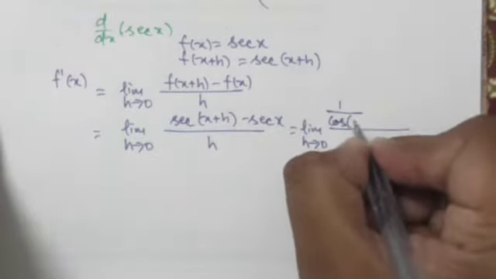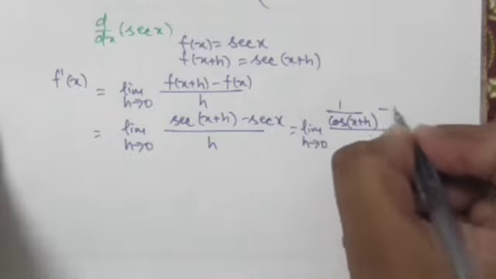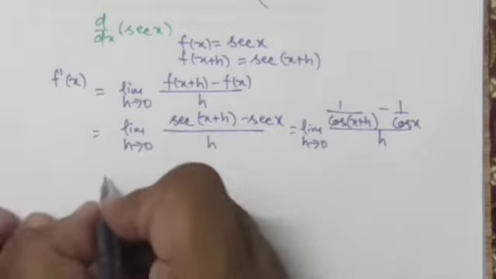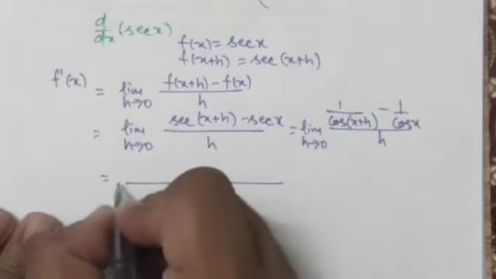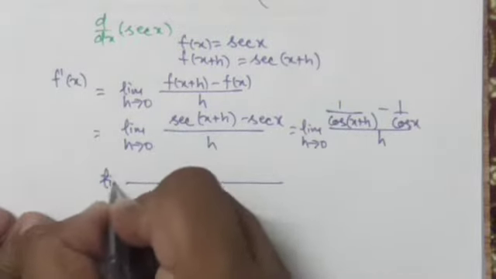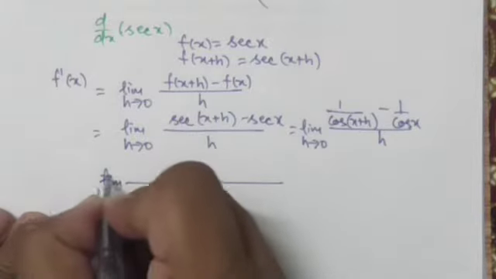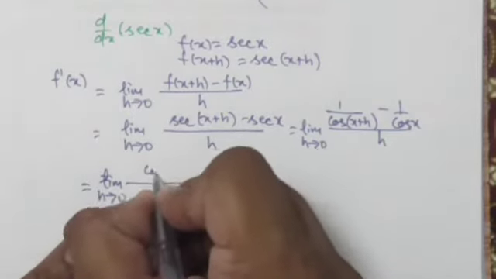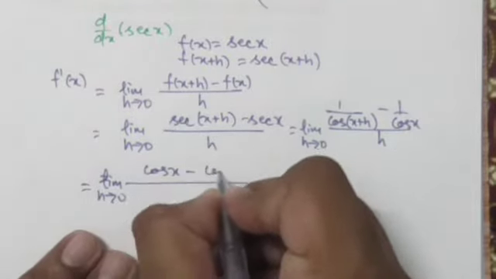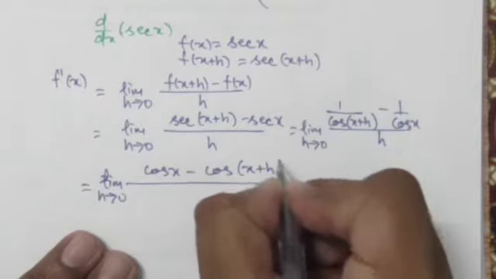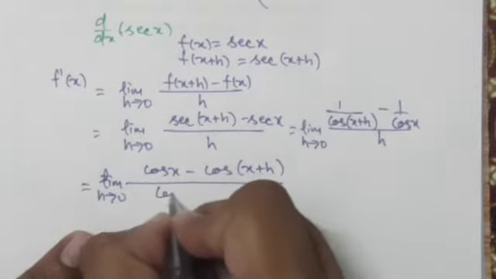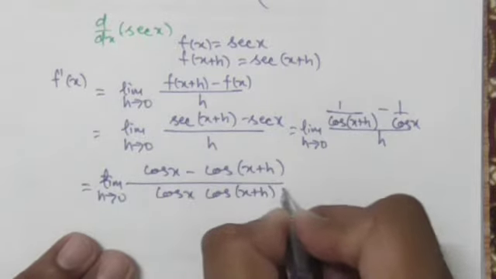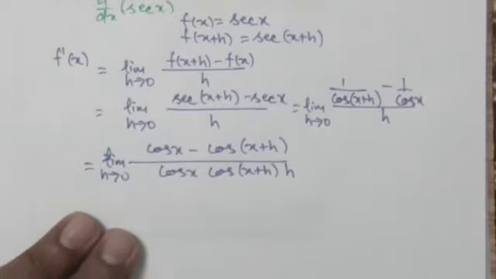It will be 1 upon cos(x + h), and what is sec x? It will be 1 upon cos x, and it will be equal to limit h tends to 0 [cos x - cos(x + h)] upon cos x cos(x + h) into h.